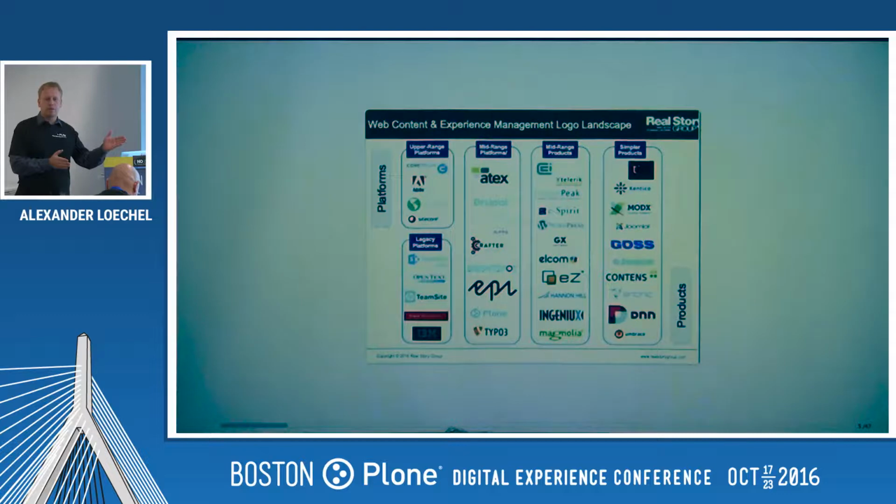A platform gives you the possibility to adapt it for your needs, but it does not solve the problem as properly as the product out of the box. So it depends where you go, which type you should choose. I always work for universities or larger organizations where a product never solves the problem, because universities are special. There's always something you have to adapt. So the platforms make it.